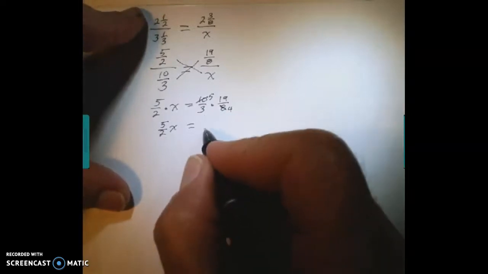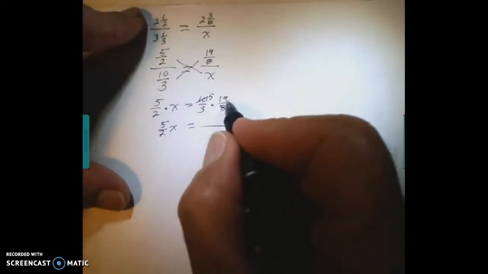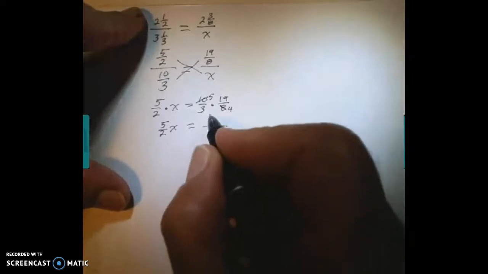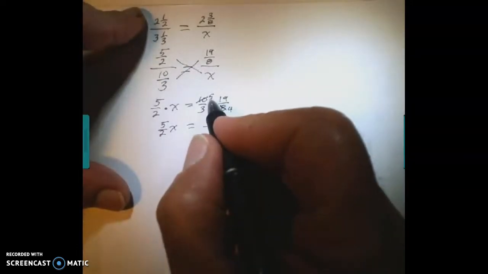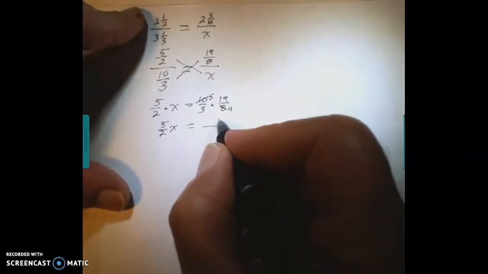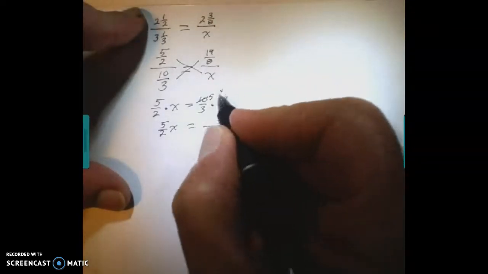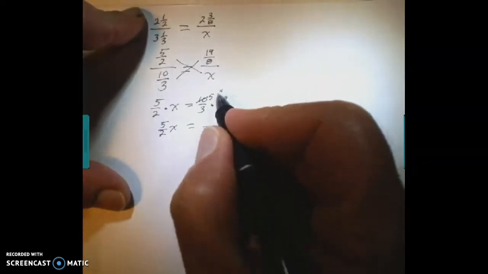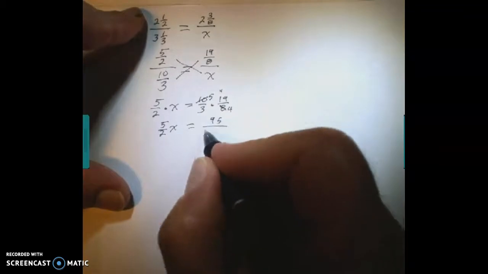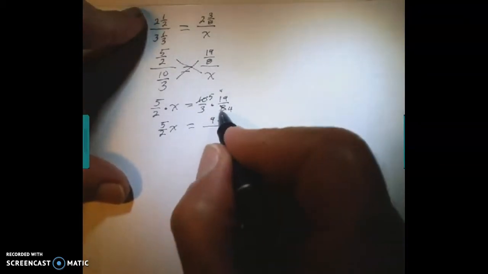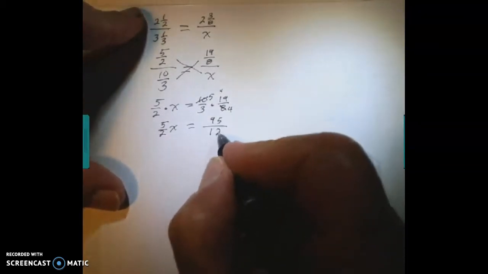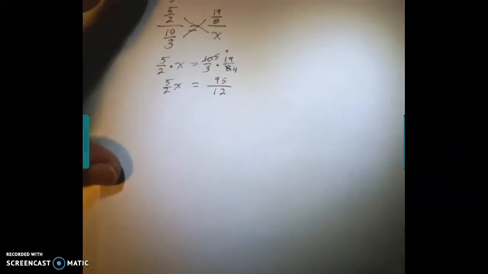And now multiplying, you multiply numerator times numerator, denominator times denominator. 5 times 19. 5 times 9 is 45. Carry a 4. 5 times 1 is 5 plus the 4. That is 95. 3 times 4 then is 12.